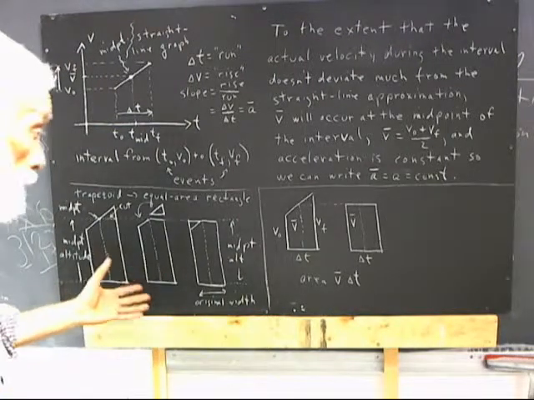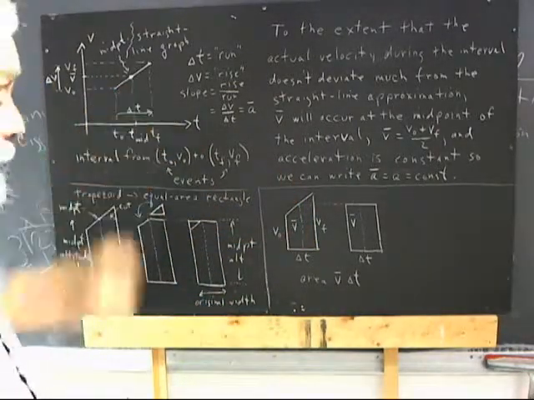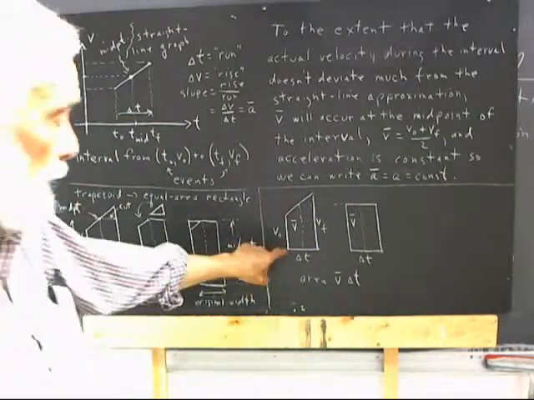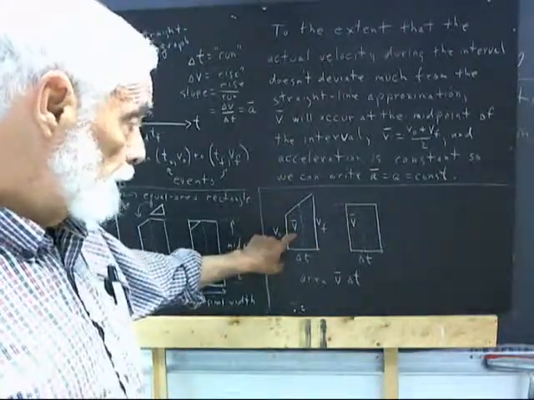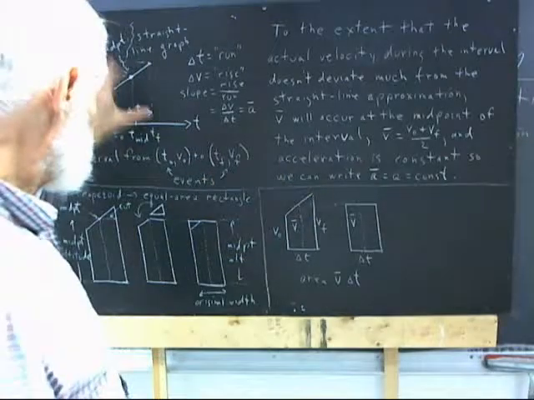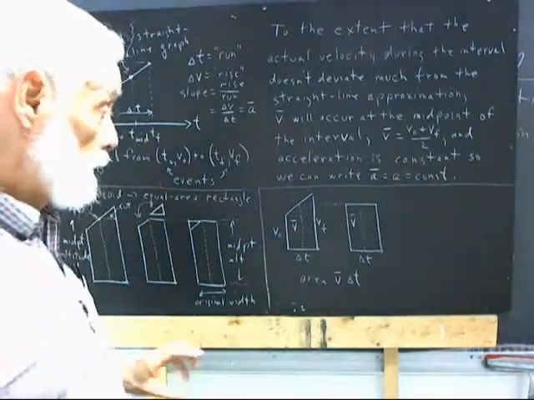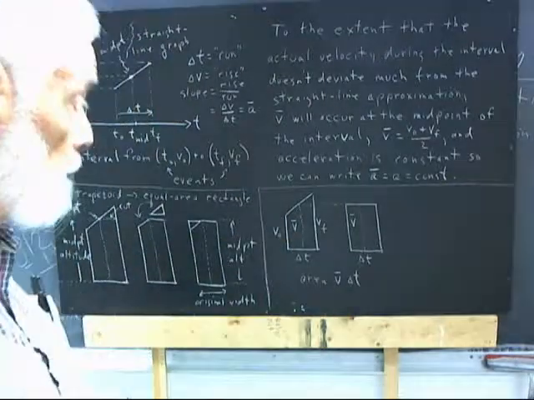Now, what's the point of this? Well, the point is simply that the trapezoid we're talking about from our original picture has altitudes V0 and VF. Midpoint altitude is going to stand for V bar, because altitudes on this graph stand for velocities. So at the midpoint we get the average velocity V bar.